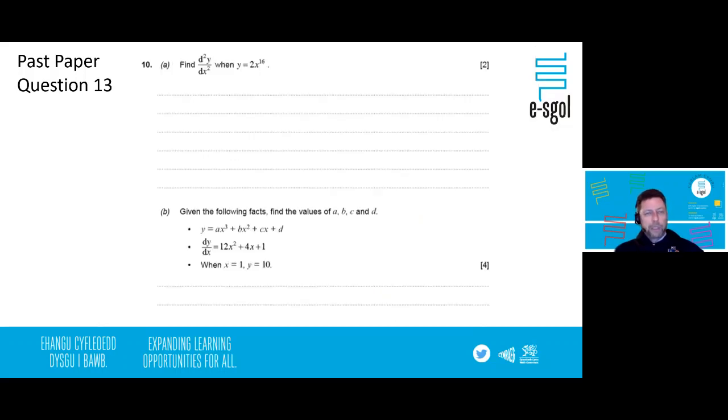Next question, 10a, very straightforward. 10b, another one of these slightly harder questions to do. Give you time to work those out before putting any answers up.